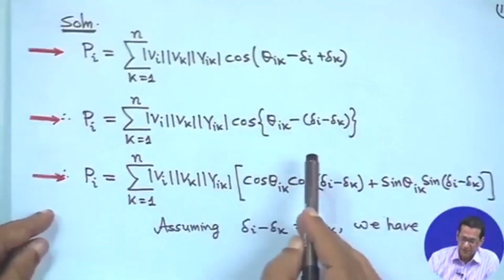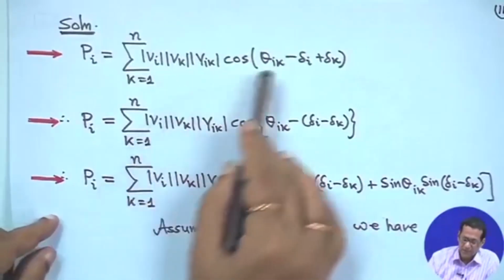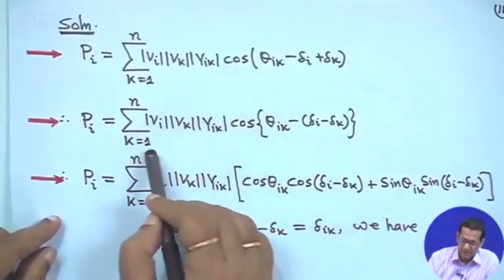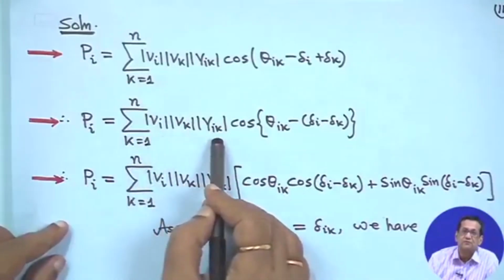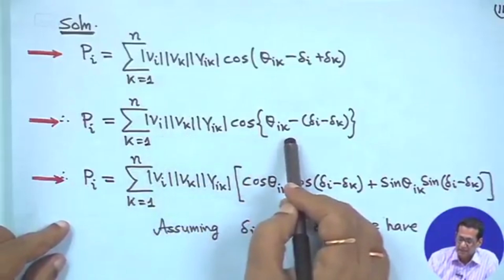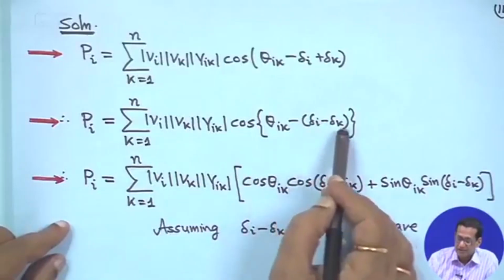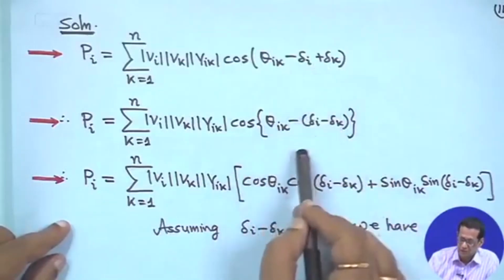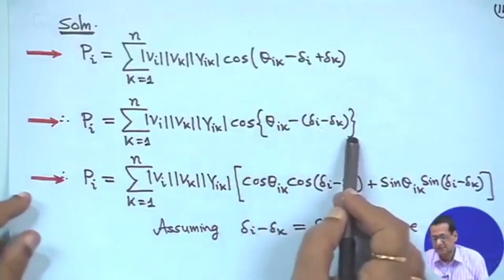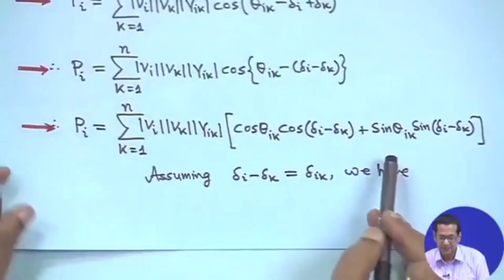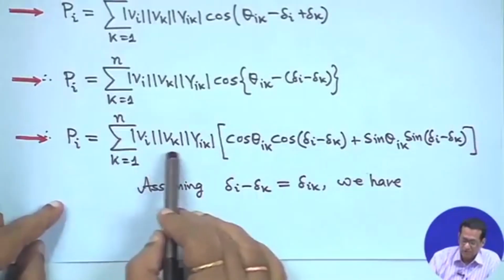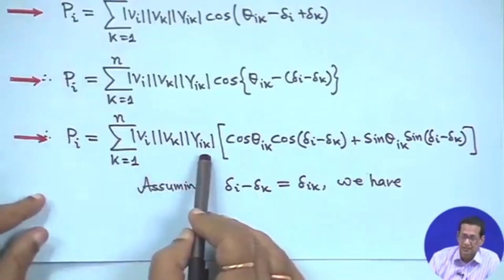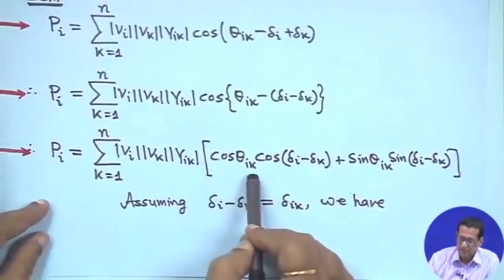Therefore, we can write this equation like this: sum over k equal to 1 to n of magnitude Vi, magnitude Vk, magnitude Yik, cosine of theta ik minus delta i minus delta k, taking minus common and writing minus delta i minus delta k in the bracket. That means Pi is equal to the sum over k of magnitude Vi, Vk, Yik, and in the bracket we write cosine theta ik.